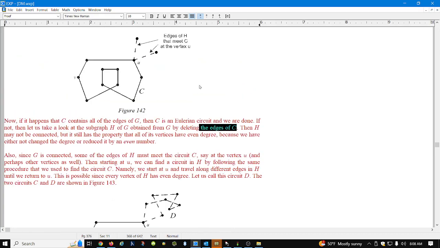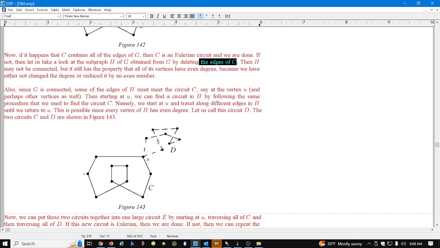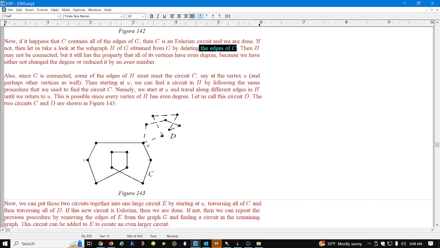Well, now we can piece these two together. Here's a better picture of that new circuit in H. But now we can piece these two circuits together. We can start at V, we can move along here, and as soon as we hit U, we can switch over to the other circuit, follow it along, come back to U, and then finish the first circuit.